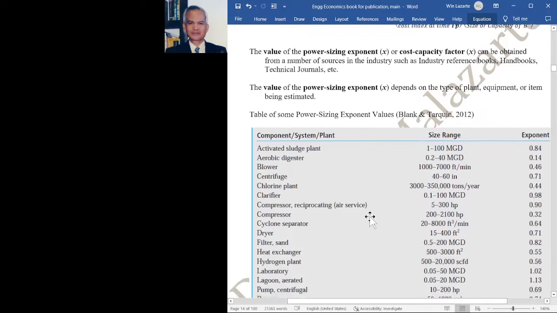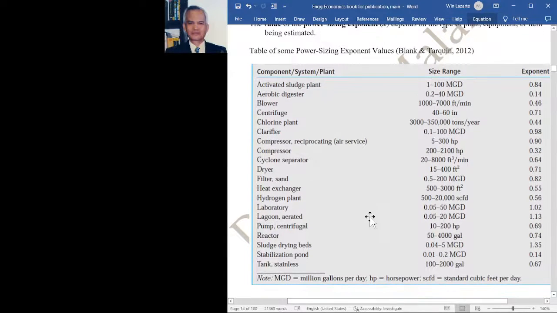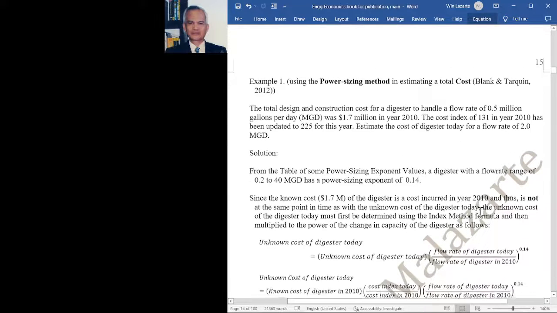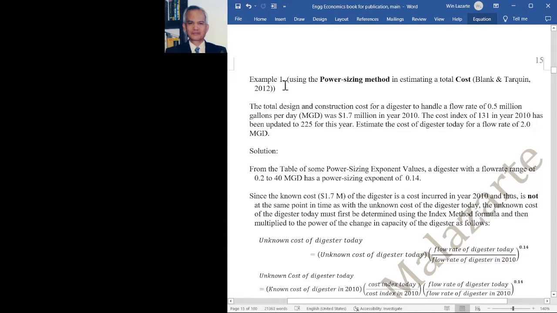This is a table of some power sizing exponent values, taken from the reference book by Blank and Tarquin. Okay, the items or component or system or plant or equipment, the size range, and the power sizing exponents. For the demonstration on how to use this method, look at this example first.